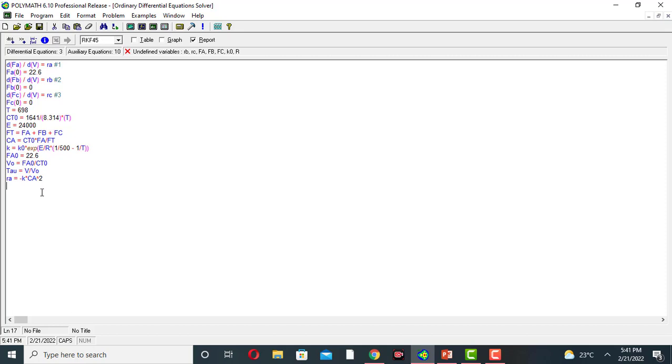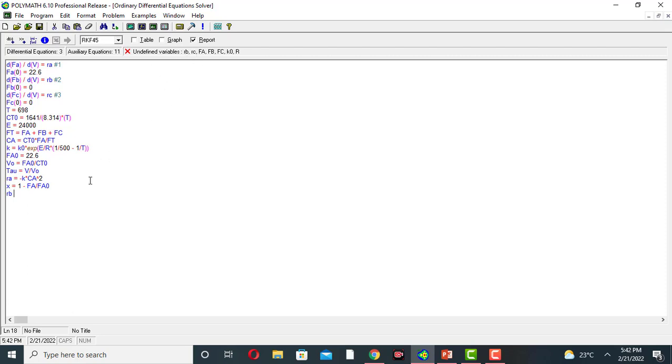Now conversion is 85%. Conversion X is equal to 1 minus FA divided by FA naught. Similarly, RB is an undefined variable.